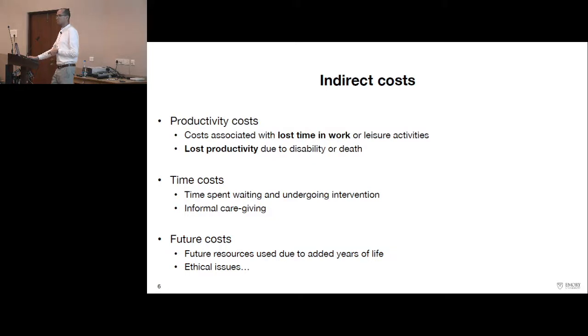For the students, I honestly don't know. You would translate the lost productivity by estimating the time the person was not productive because they were undergoing the surgery and then recovering in the hospital, so they were not working. And again, I believe there is some statistical office here in India that provides data on average wage, for example.